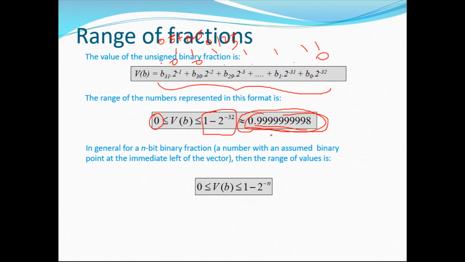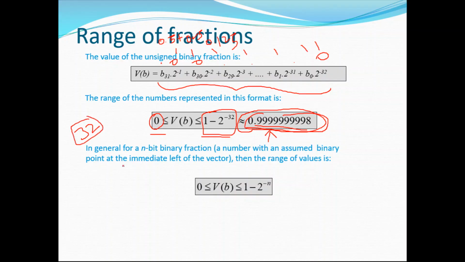So instead of saying this, we can also represent this as 1 minus 2 to the power minus 32. So with 32 bits and with an implicit binary point at the left end, the range is from 0 to 1 minus 2 to the power minus 32. So this is the range of numbers that can be represented with 32 bits.